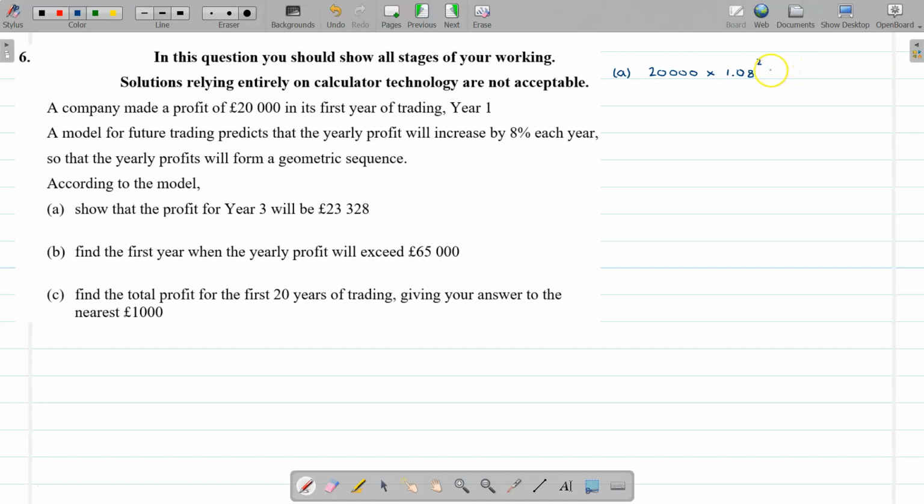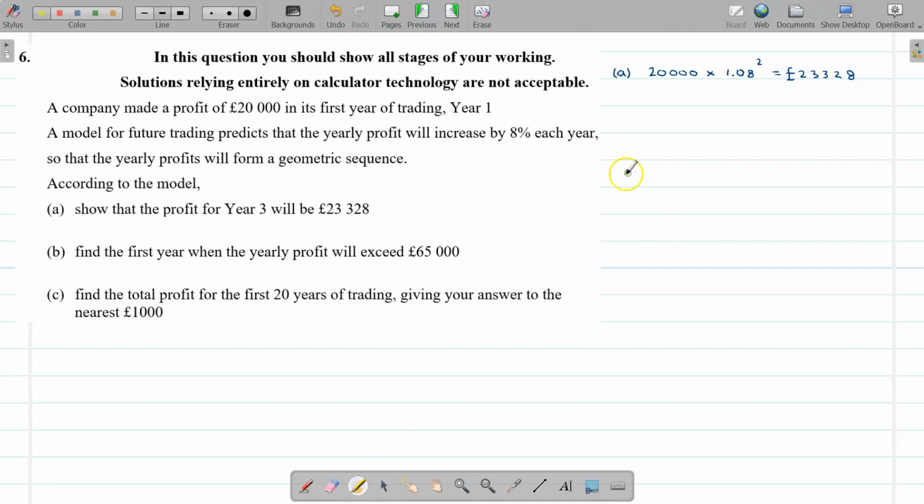And that comes to 23,328. Okay, exactly that, and that's the answer. So I just need to put the pound sign in front. So that is my working, very simple for part A.